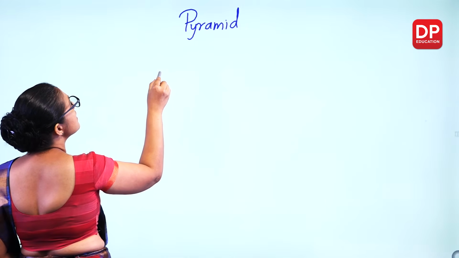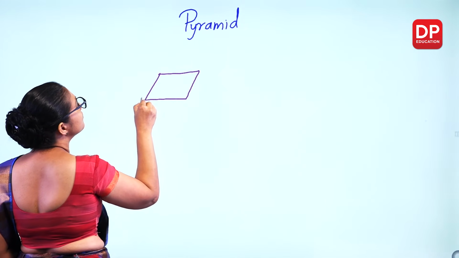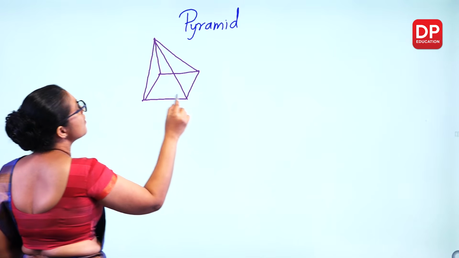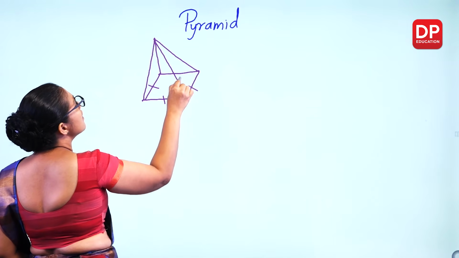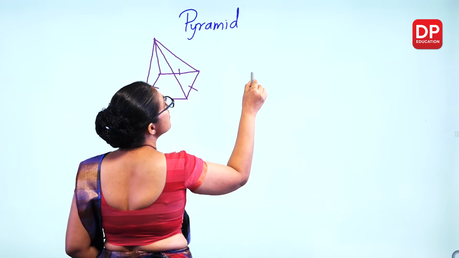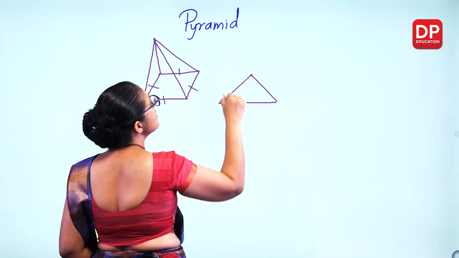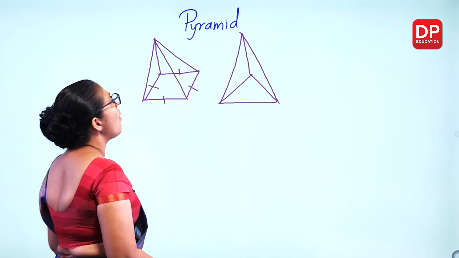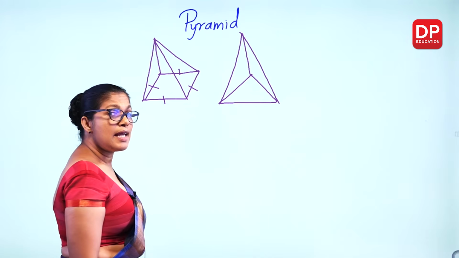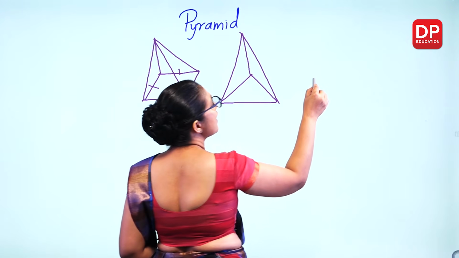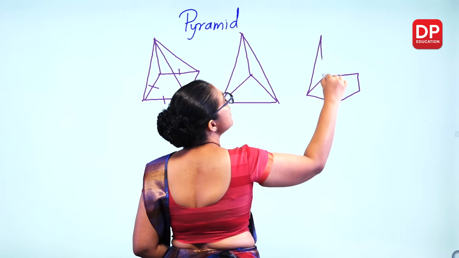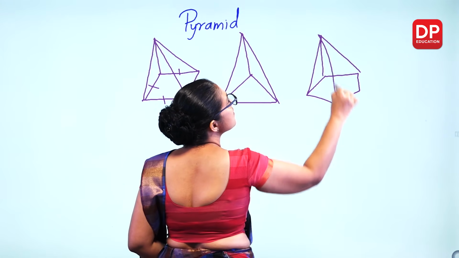You can get square, you can get any triangular base pyramid, or you can get any polygon. So I can draw 5-sided shape and then draw something like this.